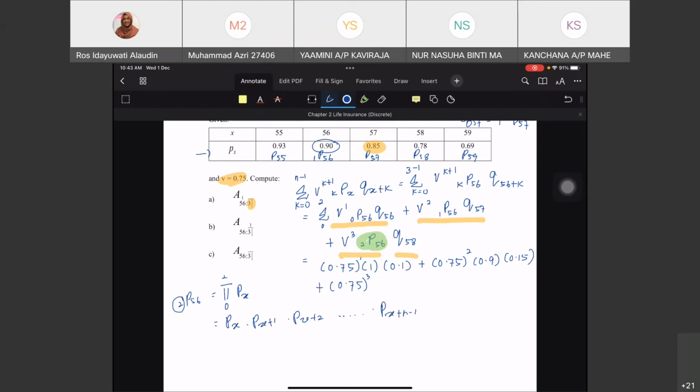So for 2p56, we need 2 components starting from the current age 56: p56 times p57.